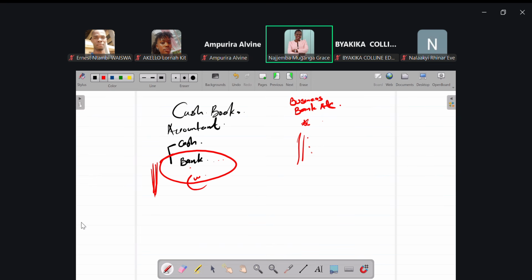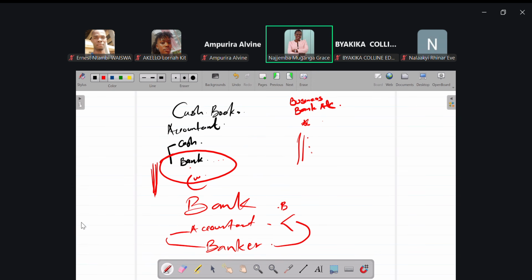Because basically here we just have two different people but recording the same transactions. That is, we have the accountant monitoring through the cash book, and we have the banker who at the end of the month issues what we call a bank statement.